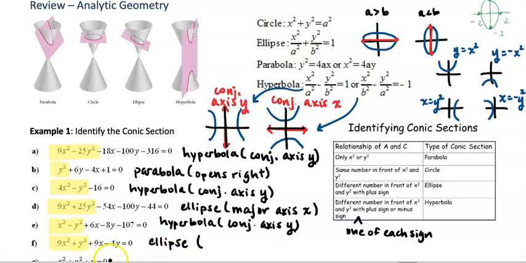And now we want to know if the major axis is x or y, and we said that whichever of these coefficients is larger, the other variable has that major axis. Because the coefficient attached to the x squared term is larger, I know that our major axis is y.